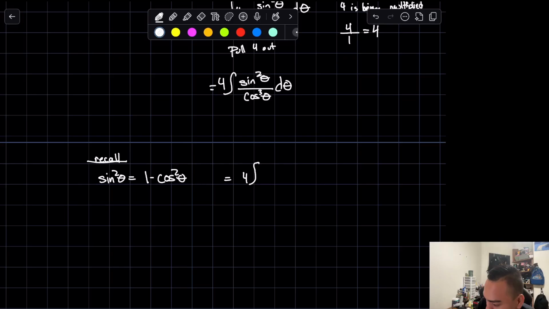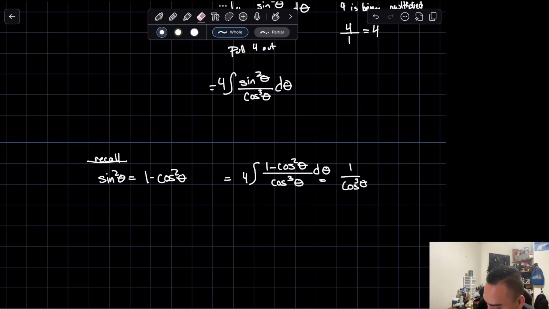So 4 times 1 minus cosine squared theta, we're just subbing them in, over cosine cubed theta d theta. So let me explain what is going on, because we know that this is going to be just 1 over cosine cubed.